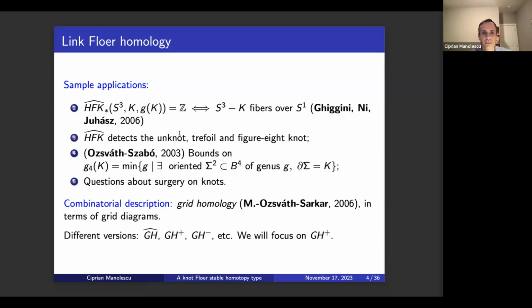Using these properties, you can show that it detects the unknot, the trefoil, and the figure-8 knot, meaning that if a knot has the same homology as, say, the trefoil, then it is the trefoil. It doesn't detect all knots, of course. There are knots with the same knot Floer homology.